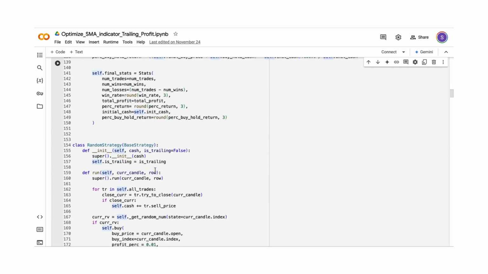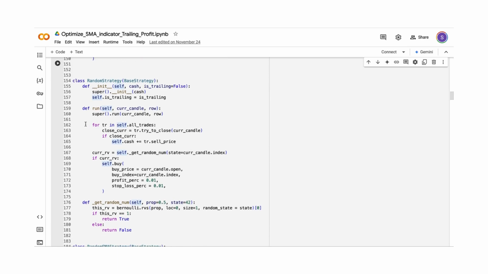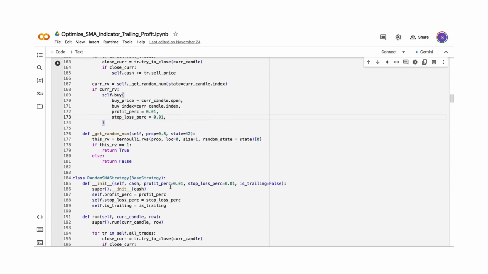So let's see how it's used in a strategy. In a random strategy, the entry criteria is again just if a random variable is 1, you enter a trade with a given stop loss and a profit percentage, which is 1%.